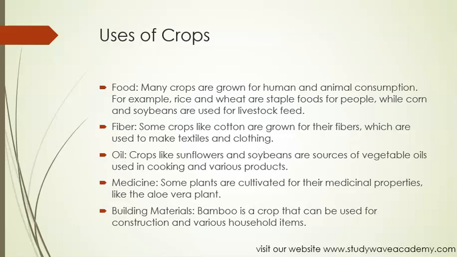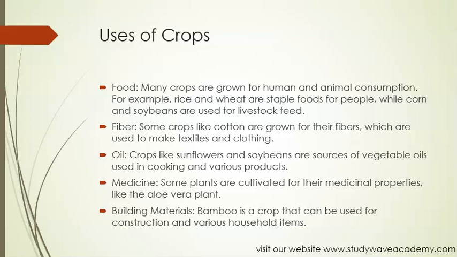Okay, so crops are really important because they provide us with food, clothing, materials for our homes, and even things that keep us healthy. So today's lesson on classification of crops and their uses, we talked about the meaning of crops, right? And we said crops are the plants we grow.